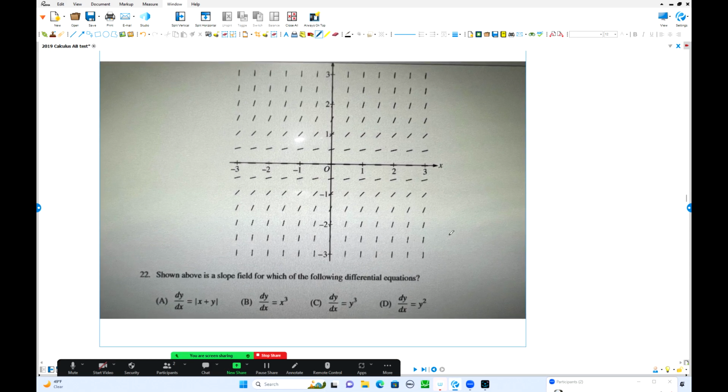This is a slope field. But check it out. When y equals 0, on this line, they are all what? Slope is 0, okay? All the slopes are 0. Okay? dy dx is always 0. First, we should check out this one first.